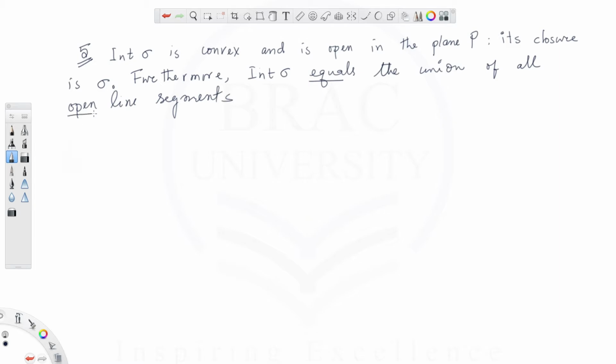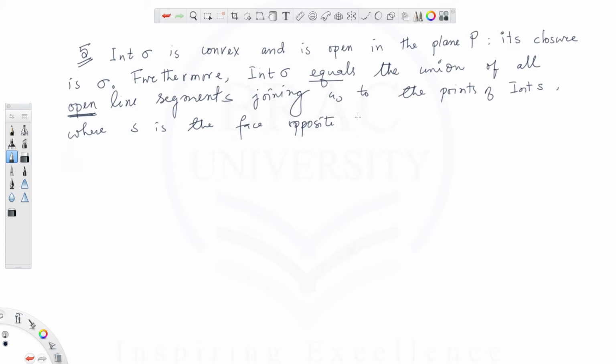It's important that they have to be open line segments joining A0 to the points of the interior of the simplex S, where S is the proper face, the face of sigma opposite to A0, the n simplex sigma that we are studying.